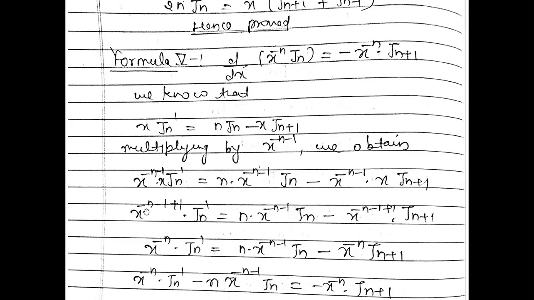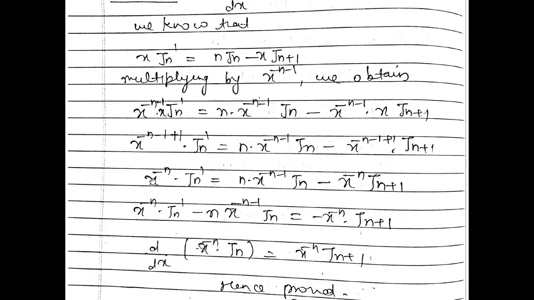Now just solve this. So minus 1 plus 1 cancel out. Here also we can write this one and this one. After solving this line, you get this step. Now we can see here that the derivative of x to the power minus n Jn, minus n x to the power minus n minus 1 Jn, just write together and is equal to this one, right?